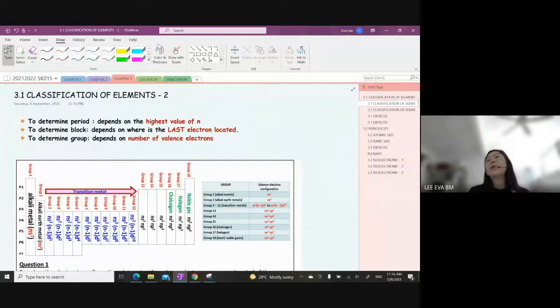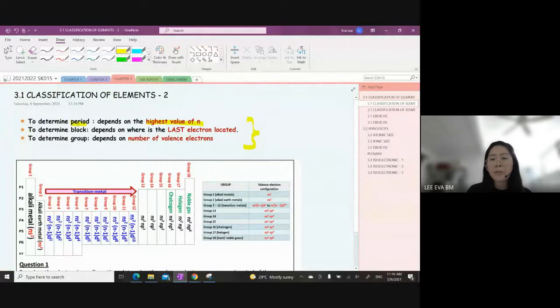How are we going to link the period and the group with our electronic configuration? Here are 3 things I want you to record down first. For period, it depends on the highest value of n. Note down these three points first, they are not in your notes.